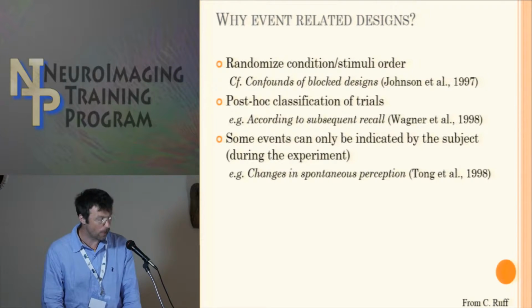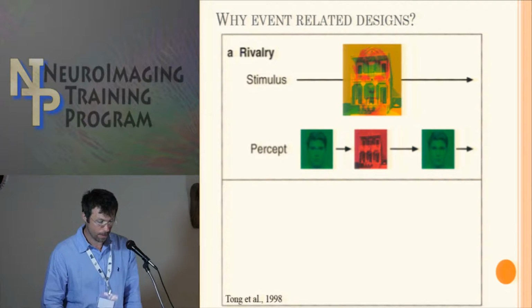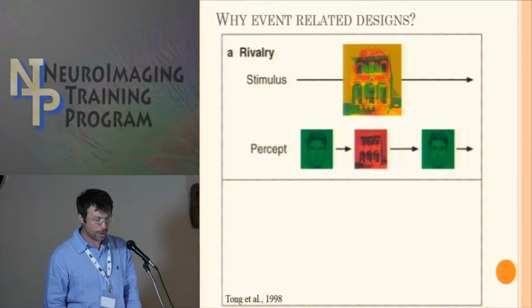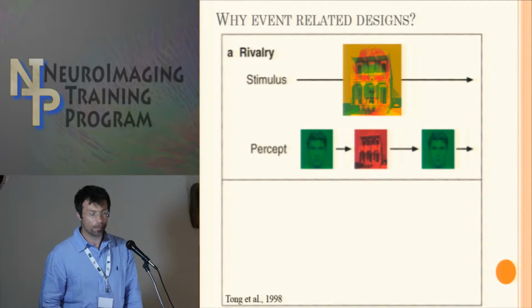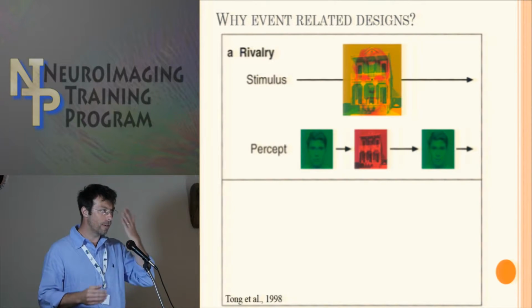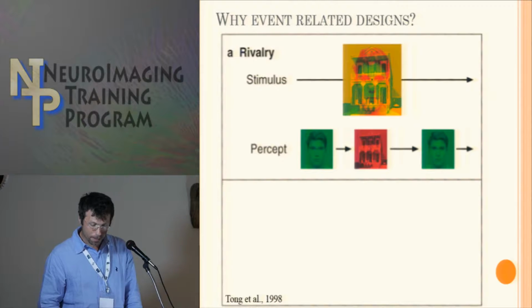Alrighty. Now, similarly to the previous experiment, sometimes only the subject can tell you when he or she is in condition A or condition B, right? And you can leverage this in very interesting ways. Frank Tong, a number of years ago, did a really cool experiment on binocular rivalry, and it went something like this.